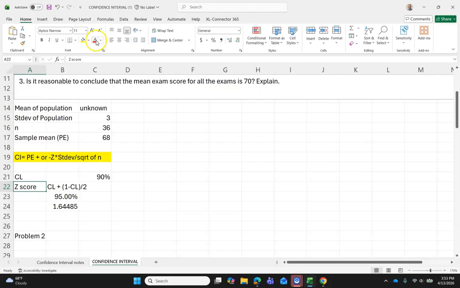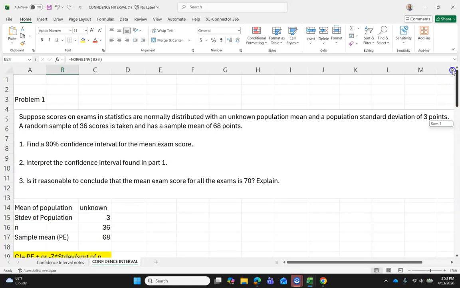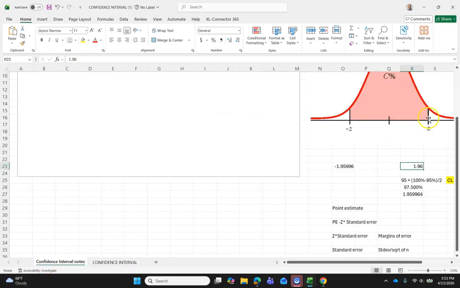So you can find the z-score as 1.64. And that z-score is, let me show you, it is this one here, the z-score.